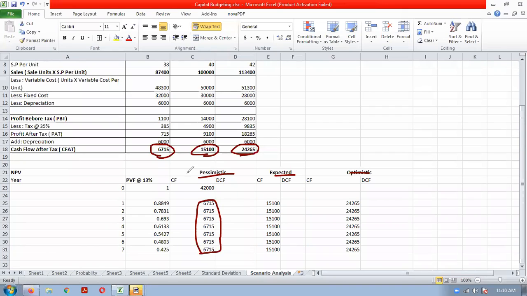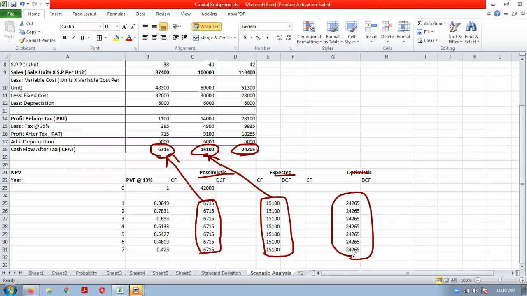In the expected case, we will assume the cash flows for 7 years are the same, 15,100, which we have calculated. And for optimistic, 24,265. Because no other data is given, we assume CFAT is the same for all 7 years.